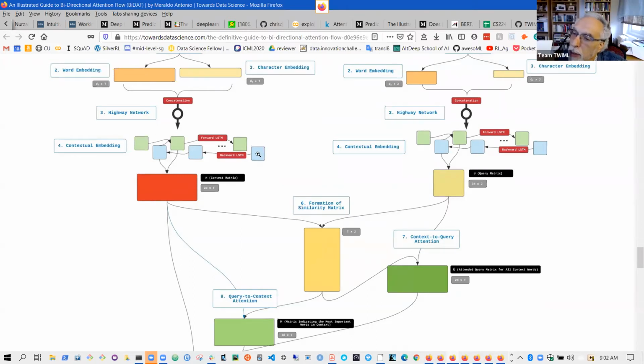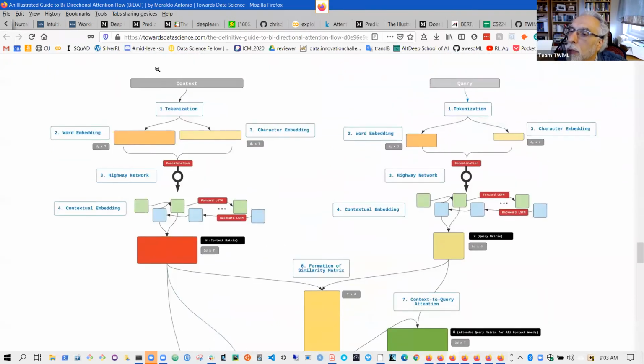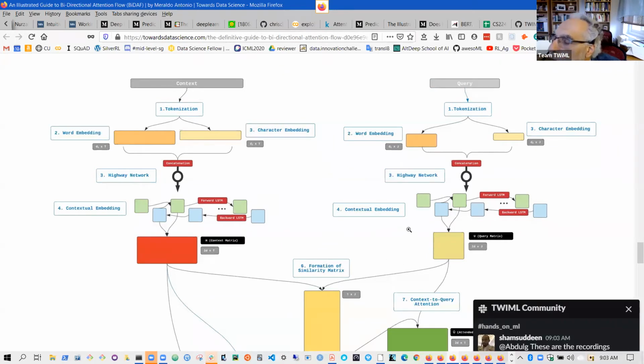Okay, so if you remember back to the drawing that we showed, which I'm not going to go back to because it'll take too long to get back and forth, the outputs of the LSTMs go into the bidirectional flow. There's a symmetry here: the context, which is the passage that you're reading from, is all done this way, and the query is also processed the same way, down to here.